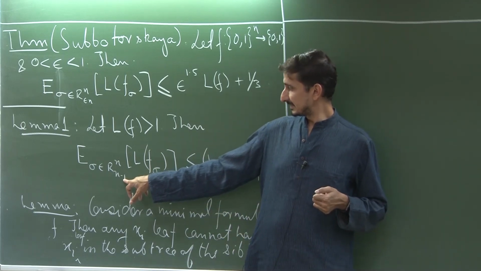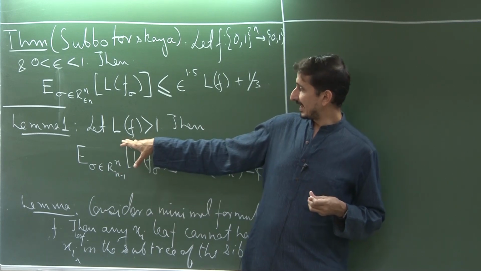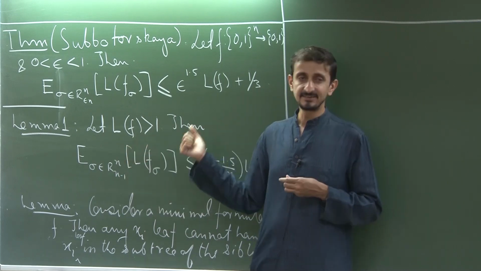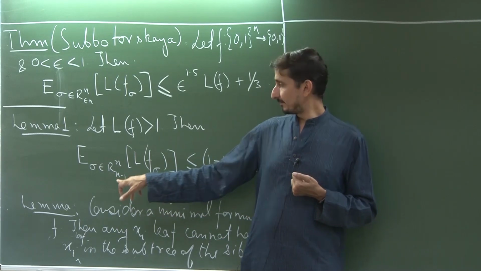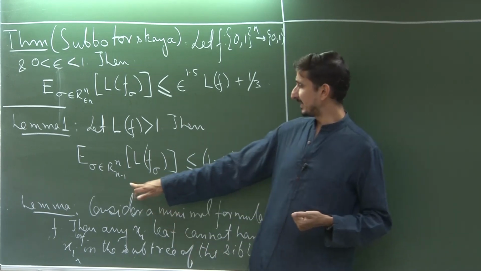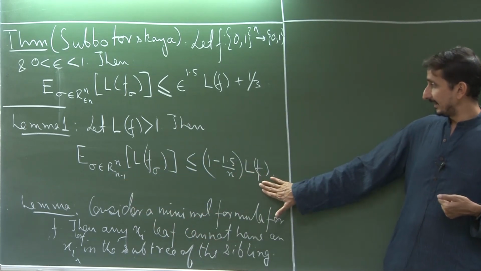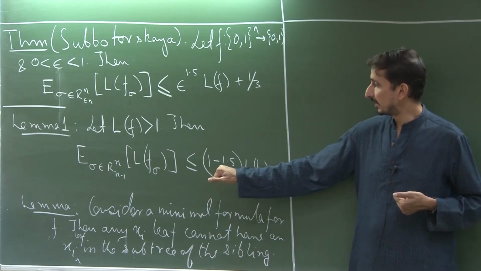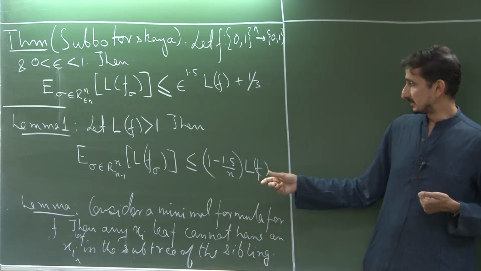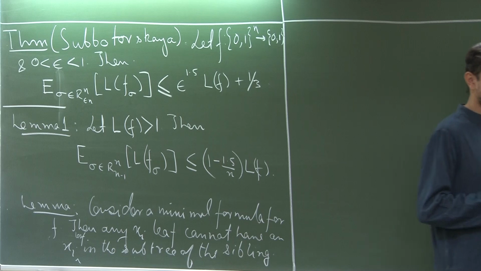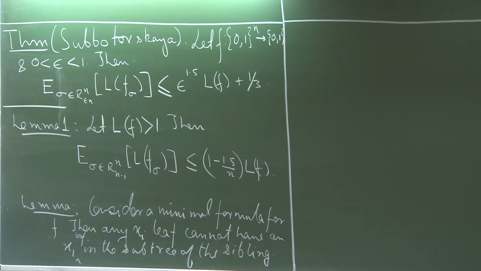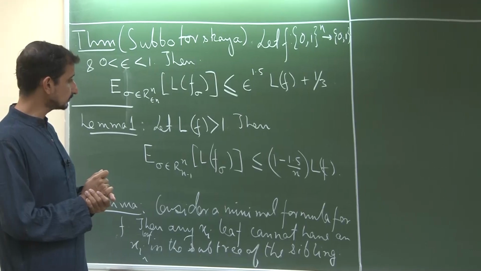Here what we are saying is that suppose I have a function with formula complexity greater than 1, and if I restrict just one variable to some value, with the remaining n minus 1 variables free, then the expected formula complexity is at most 1 minus 1.5 by n times L of f. So how do we prove this? Any questions?